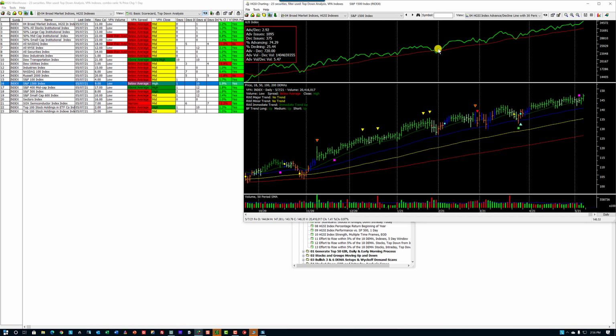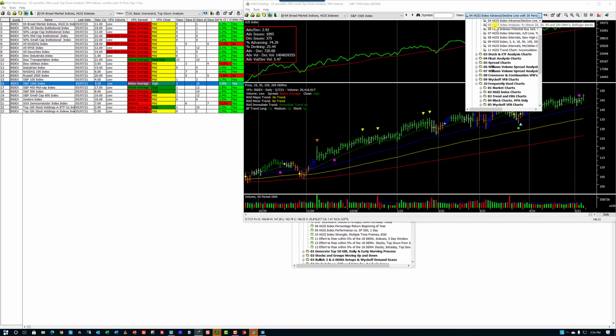This is a cumulative advance decline line, and you can see how strong this is. You can see that the index is near a 52-week, if not an all-time high. You can see that it's riding above the 3 and the 6. Kind of hard to see. I may have to alter those colors, but the trend is clearly up.